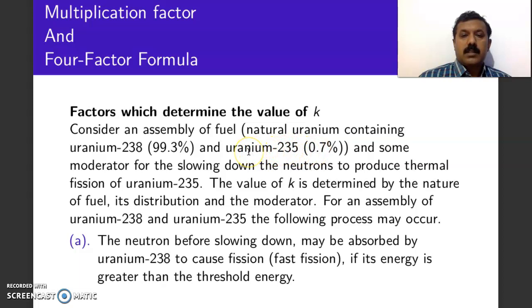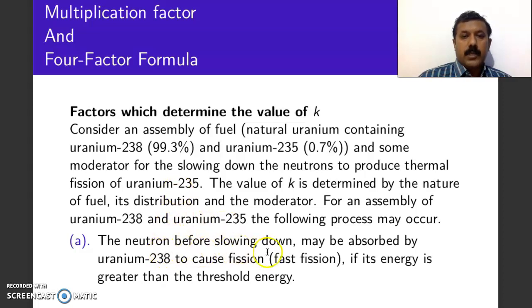Uranium-235 is called the fissile material because we expect a thermal neutron to interact with this uranium-235 to cause fission. There will be so many other things like moderators, control rods, cladding materials, etc. in addition to this assembly. For an assembly of this kind, we can expect the following reactions.